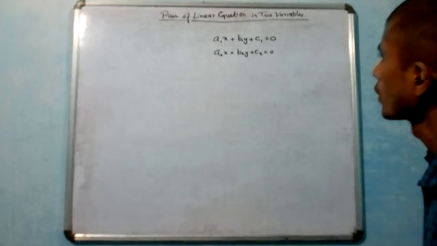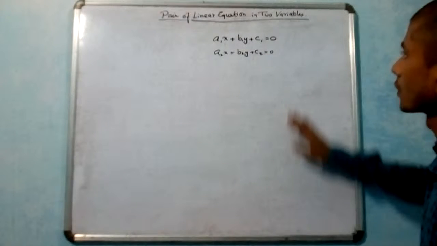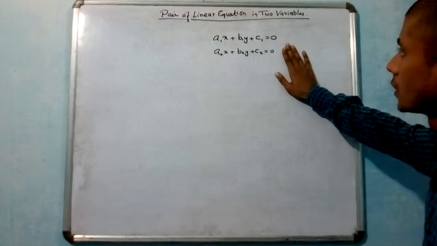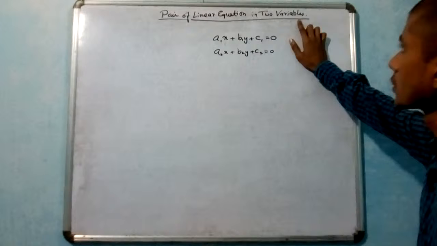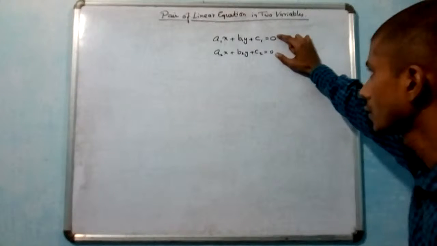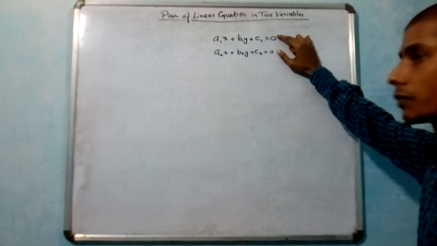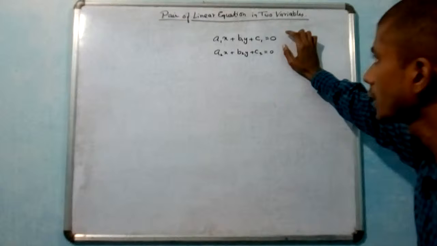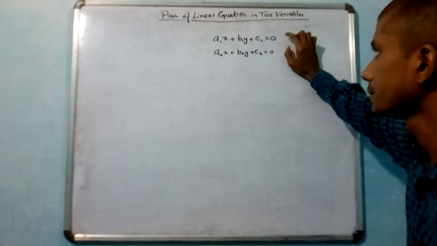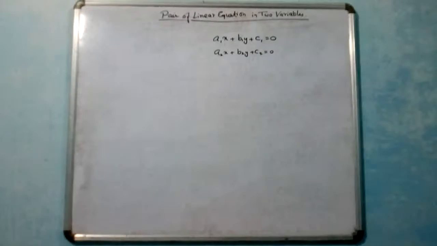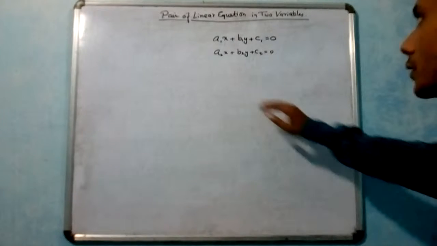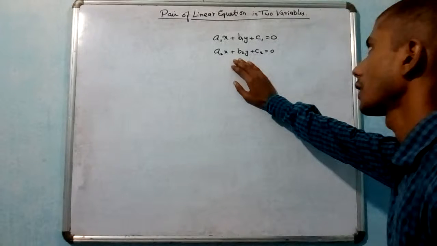What do we mean by the solution here? Solution of a pair of linear equations in two variables. This is one pair. If we find the solutions separately, we will get thousands of x and y values in this, and millions, infinite in number, in that.